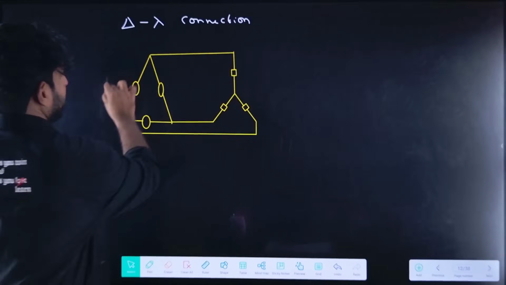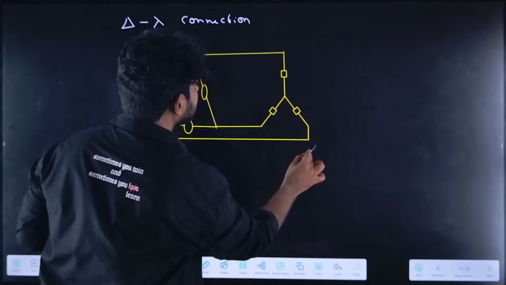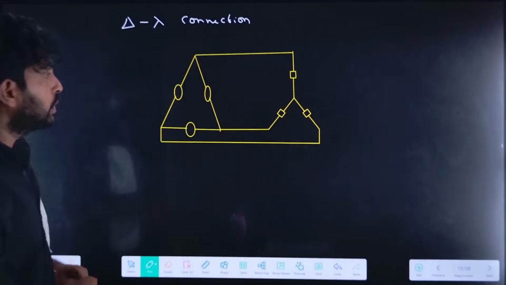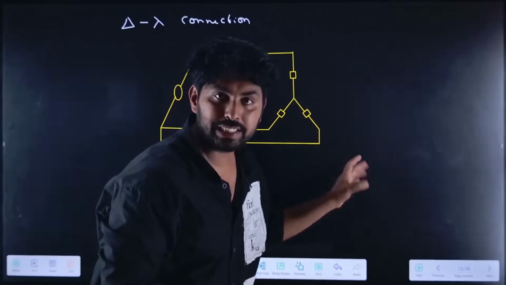Now let us see this circuit. Here the source is delta connected and the load is star connected.